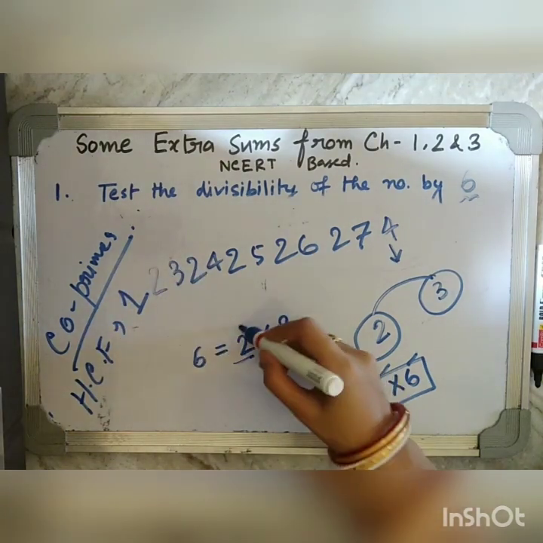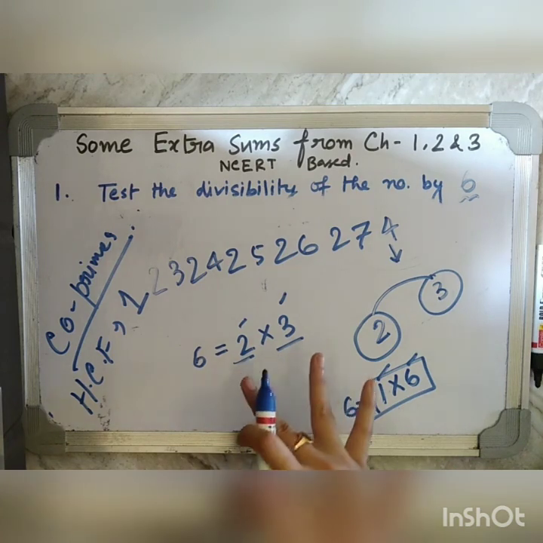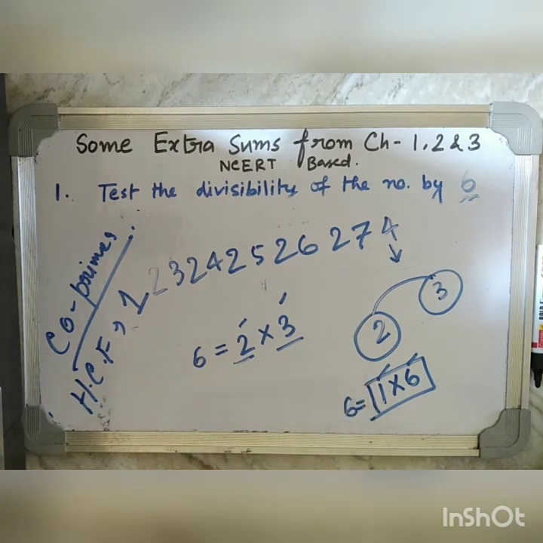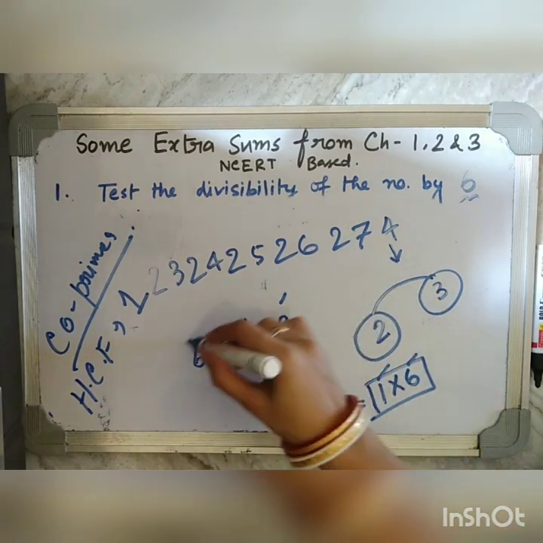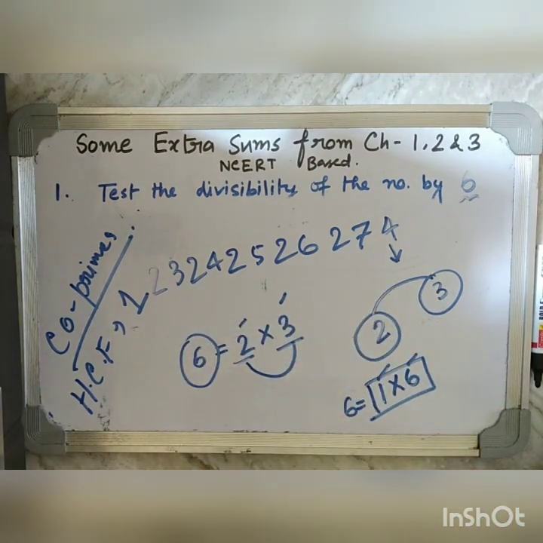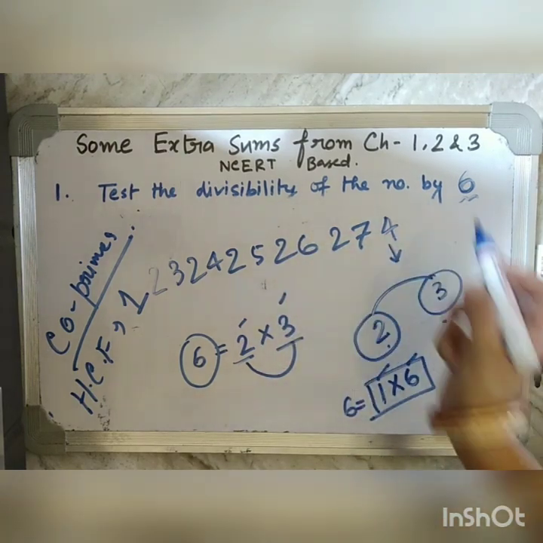Okay. Here for 2 and 3 we can say that the highest common factor of these two numbers is 1. Secondly, if we multiply these two numbers, we will get 6. Thirdly, these two are the factors of 6. And by multiplying these two numbers, we are getting 6. Okay. That's why we will check the divisibility of 2 and 3 in case of checking the divisibility by 6.